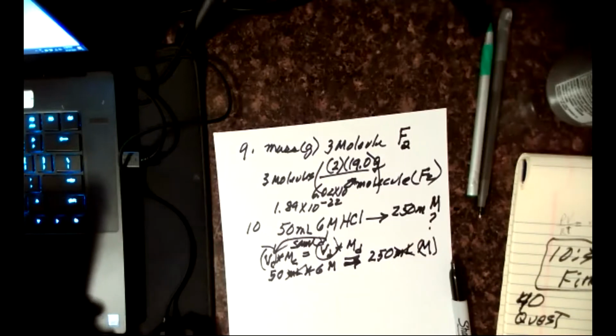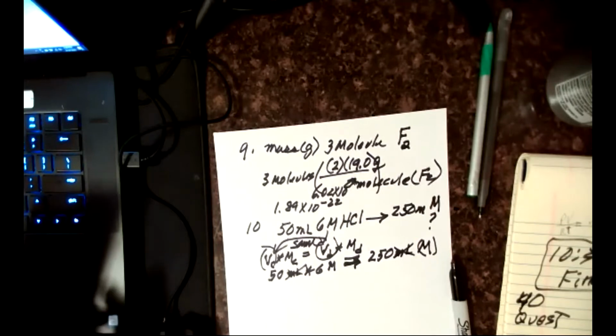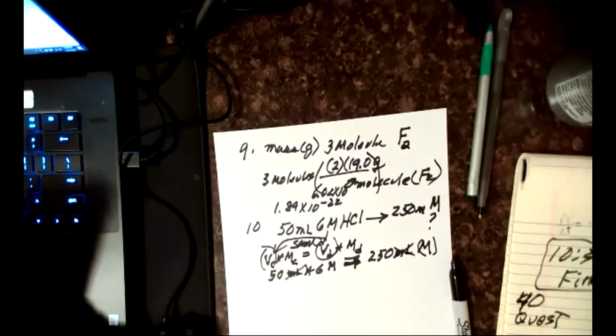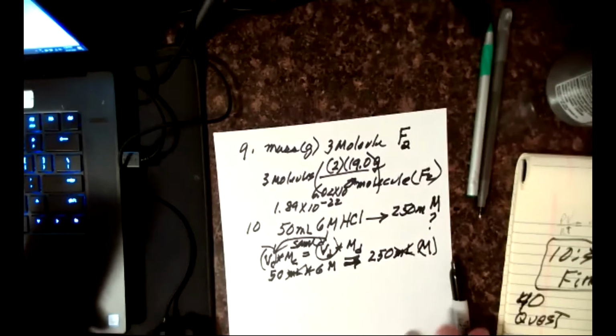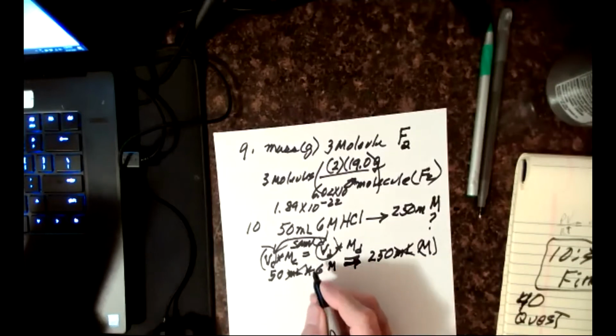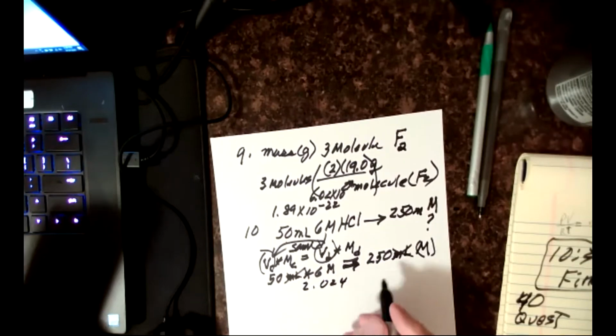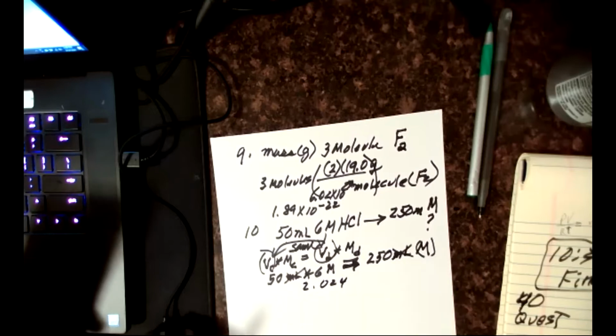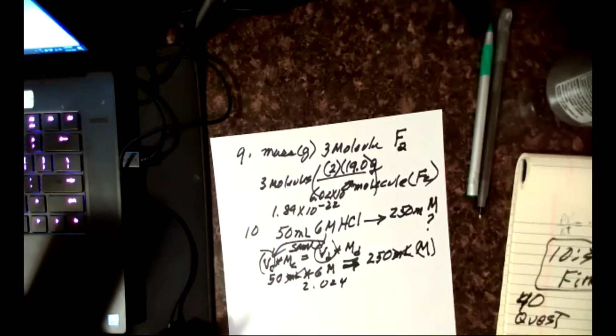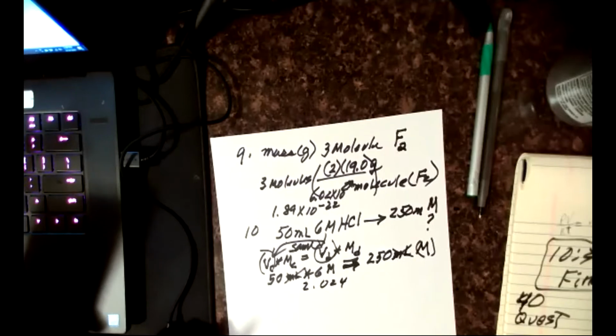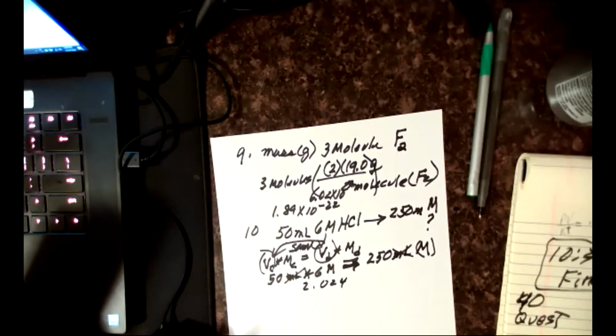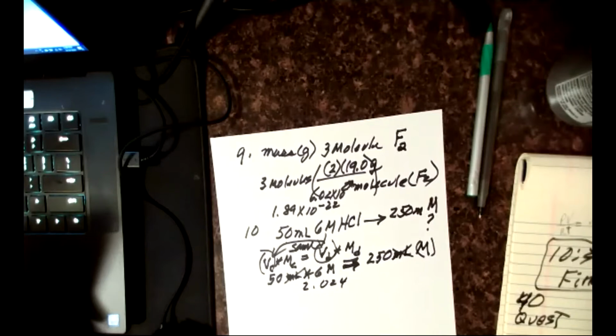Okay, so let's do it. It's 50 times 6 divided by 250. So we're getting 2.024 as our molar mass, and that's close enough to be 2.02, 2.00 is what it's showing here. But let's see, did I do it right? Oh, wait a minute, maybe I didn't. It's 50 times 6 divided by 250.